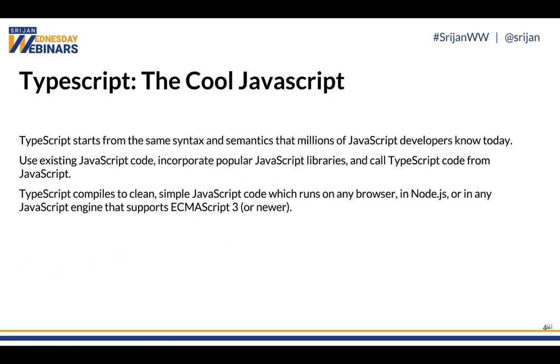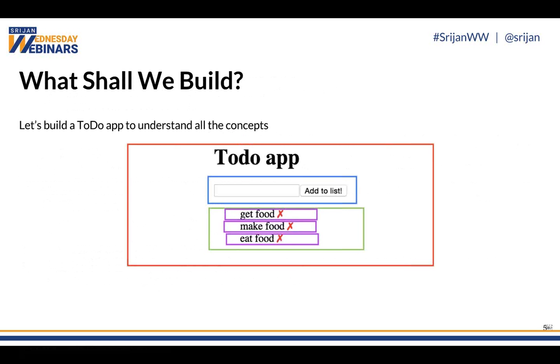Cool. To explain the concepts I want to talk about, I'll build a ToDo app, a very generic, simple application, and with the help of this ToDo app, I'll try to explain the concepts. The ToDo app is a list of to-dos which you can mark done and also add new to-dos to the list. We'll build it in Angular 1 using the component-based approach, and we'll use TypeScript.